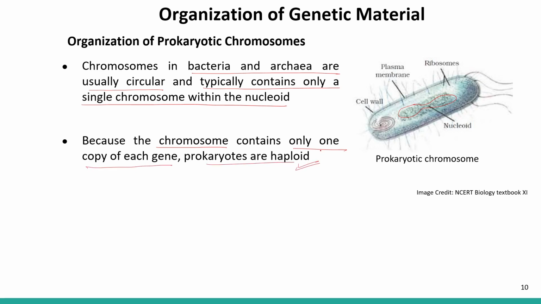Like we have each gene present in two copies, in the form of a pair, but here a single chromosome is present, so all the genes are present as a single copy. This is very, very important, and that is why prokaryotes are haploid in nature.